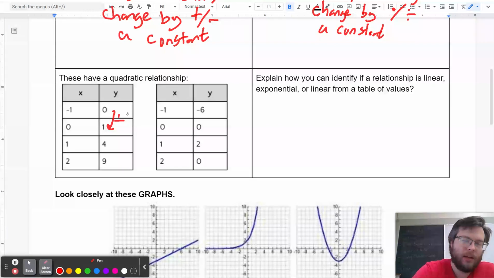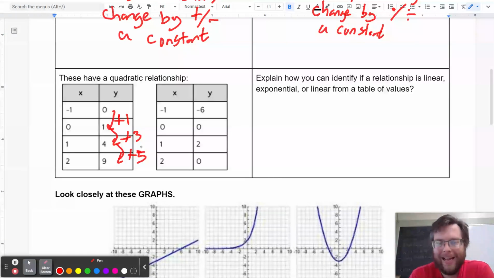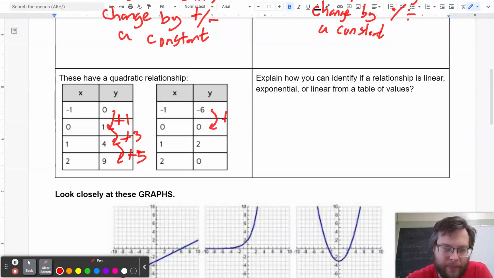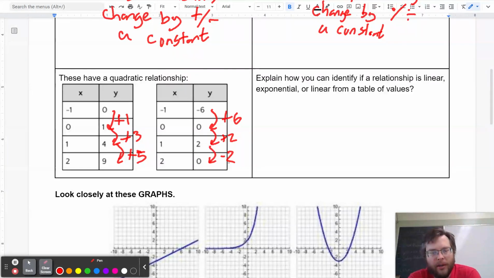And I can say, okay, plus 1, plus 3, plus 5. Well, it's not linear either because it's not adding the same amount every time, it's adding a different amount. Same sort of thing if I look at the other table here. I see this goes up by 6, up by 2, and it goes down by 2.